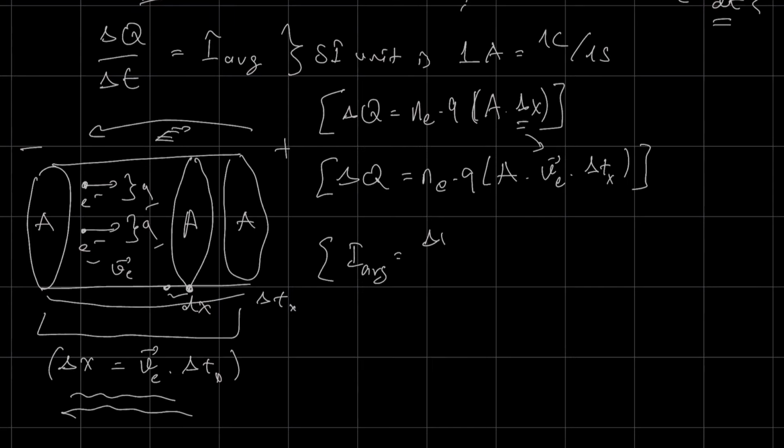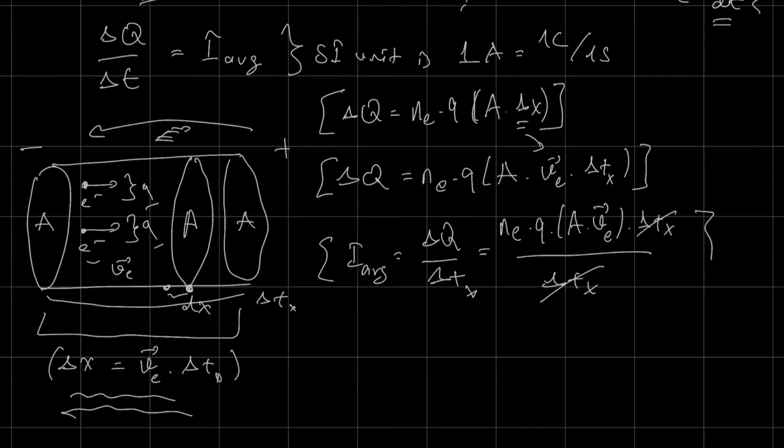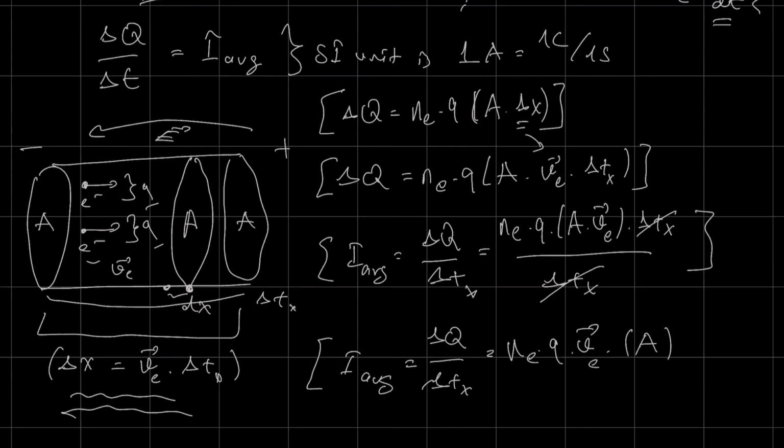When we divide delta q by delta t, the time delta t cancels out, resulting in a formula for the average current. Current I is equal to n multiplied by charge q, multiplied by drift velocity v_d, multiplied by area A. Here, n is the number of electrons per unit volume, q is the charge of each electron, v_d is the drift velocity, and A is the cross-sectional area of the conductor, which is perpendicular to the electric field.